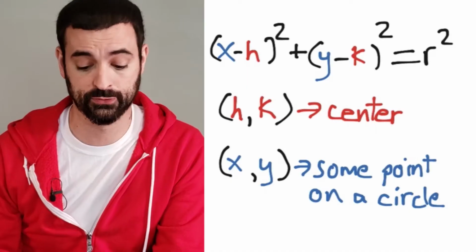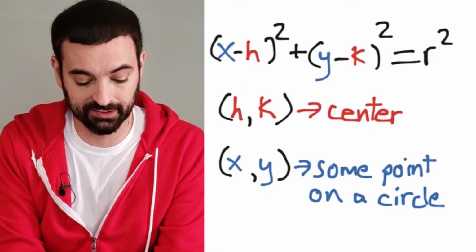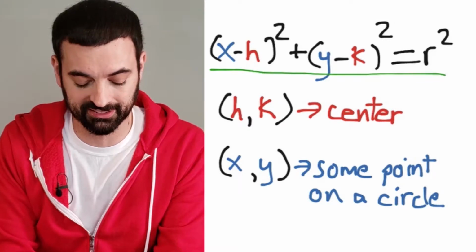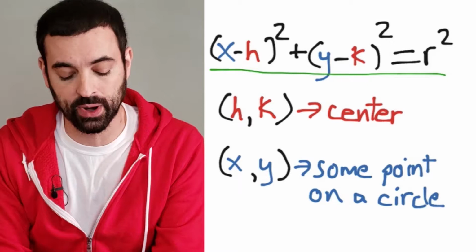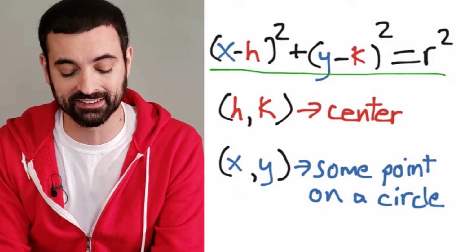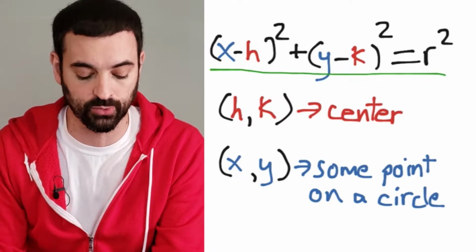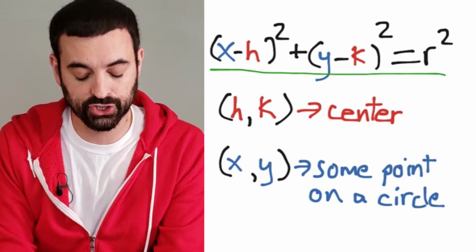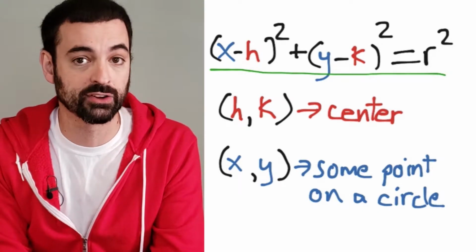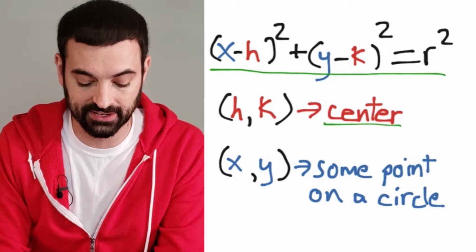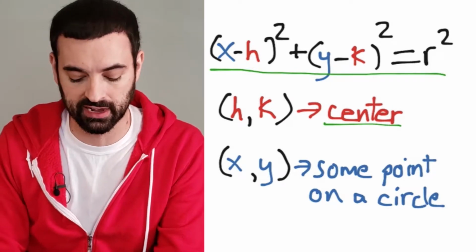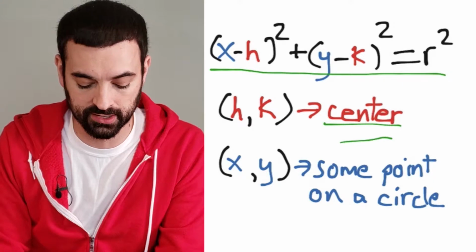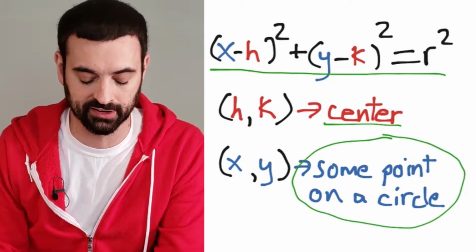First of all, this is the formula. This is quantity x minus h squared plus quantity y minus k squared equals r squared, where h comma k are the xy coordinates of the center, and x comma y are the xy coordinates of some point on a circle, really any point on a circle.